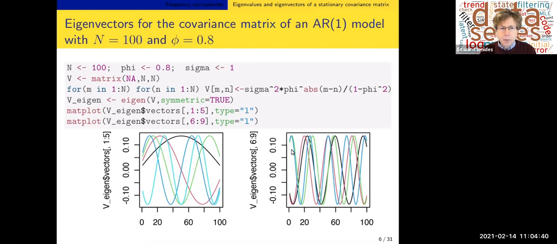And then we can just use the eigen function in R to plot what these eigenvectors are. Here I've plotted the first 5 eigenvectors on the left and the second 5 on the right. If we plot them, we see they are strikingly sinusoidal. And so that gives us a clue that these sine waves are going to play an important role.